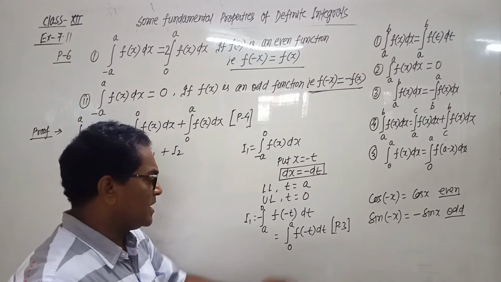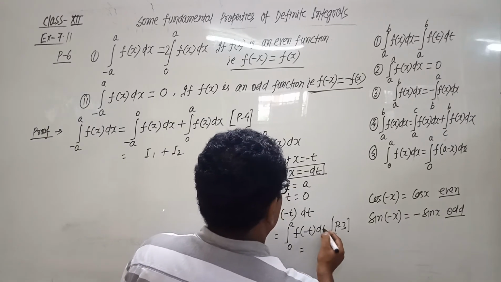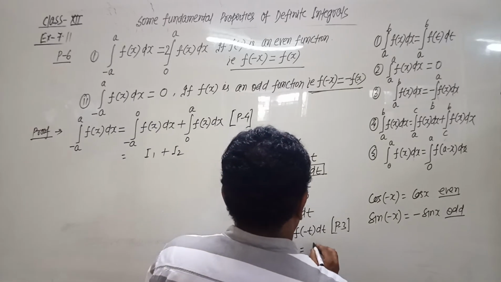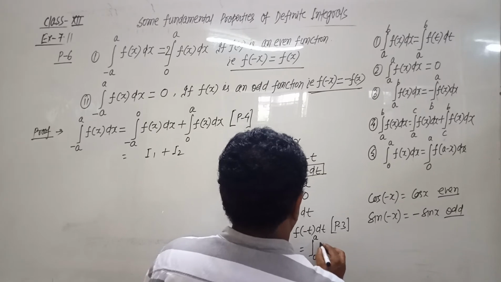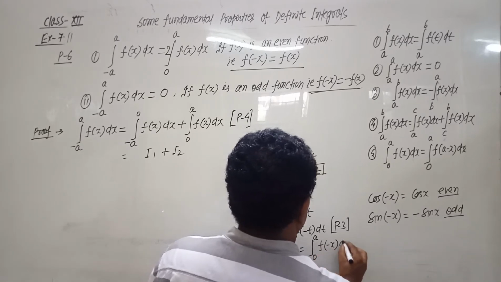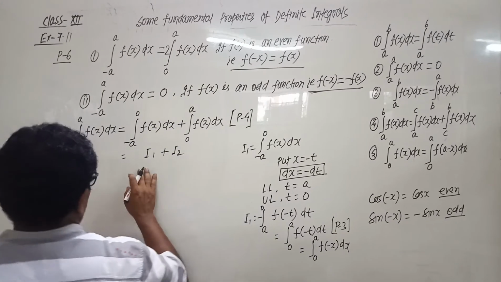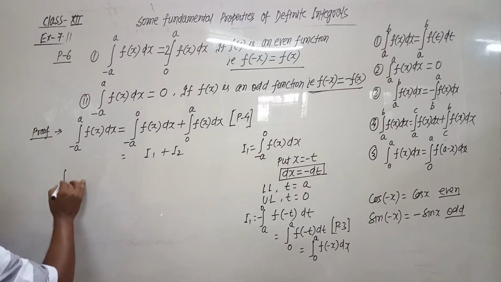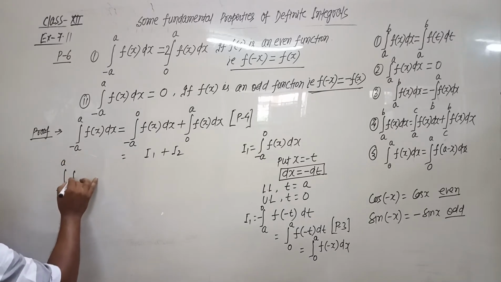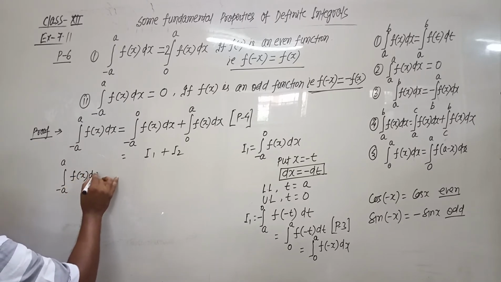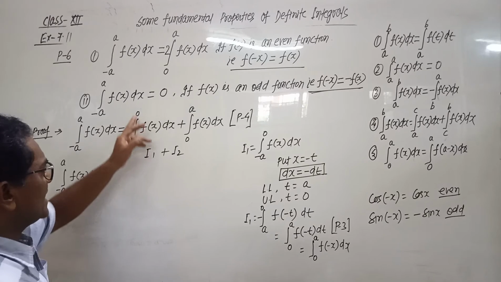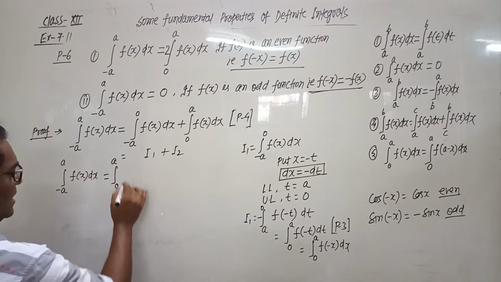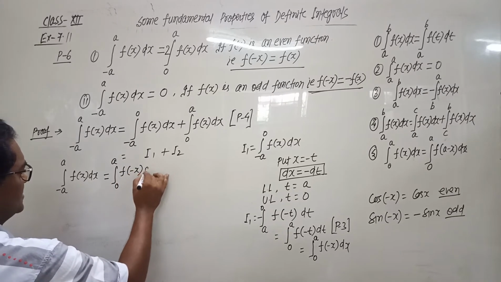Now by using property number 1, t can be expressed in variable x, so this can be written as integration 0 to a f of minus x dx.